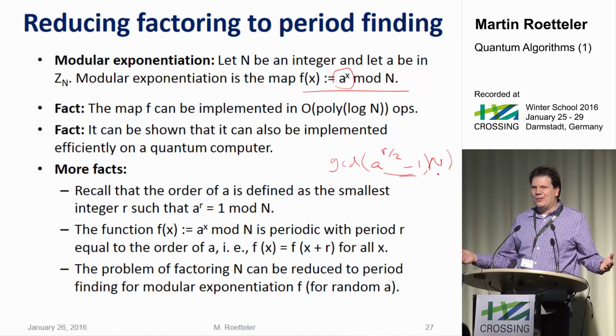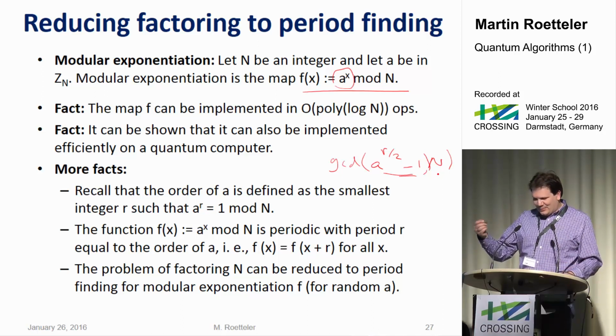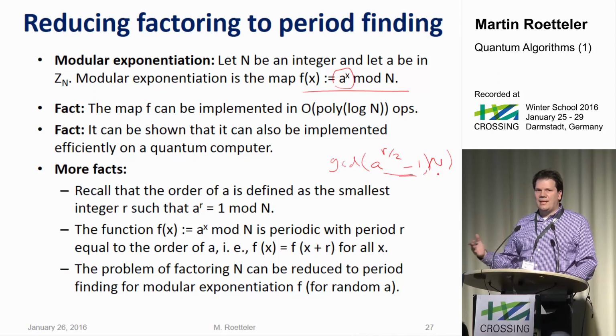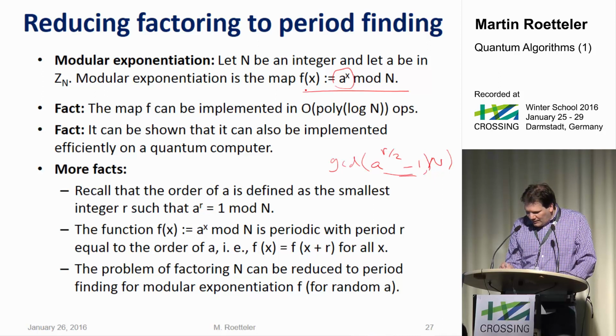Okay, but classically it's not really useful because you cannot compute the order classically, right? It's an exponential order. You would just keep exponentiating forever until you finally get back to 1. But quantumly, it turns out, a quantum computer can perform this exponentiation for an insane range of inputs. So essentially, think of all the values of x ranging from 0 to n minus 1.